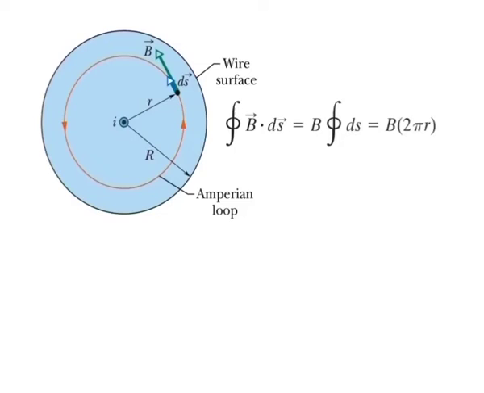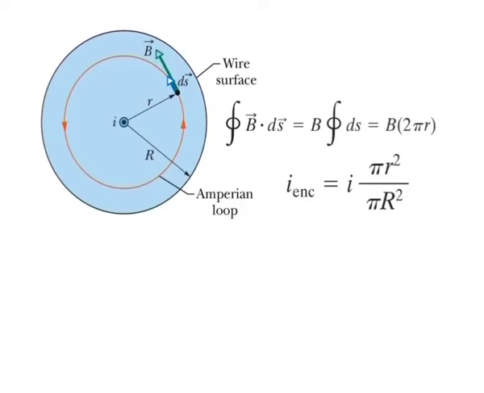Because the current is uniformly distributed, the current encircled by the loop is proportional to the area encircled by the loop. That is, I encircled is equal to I into pi small r square divided by pi into capital R square. Our right hand rule tells us that I encircled gets a plus sign.